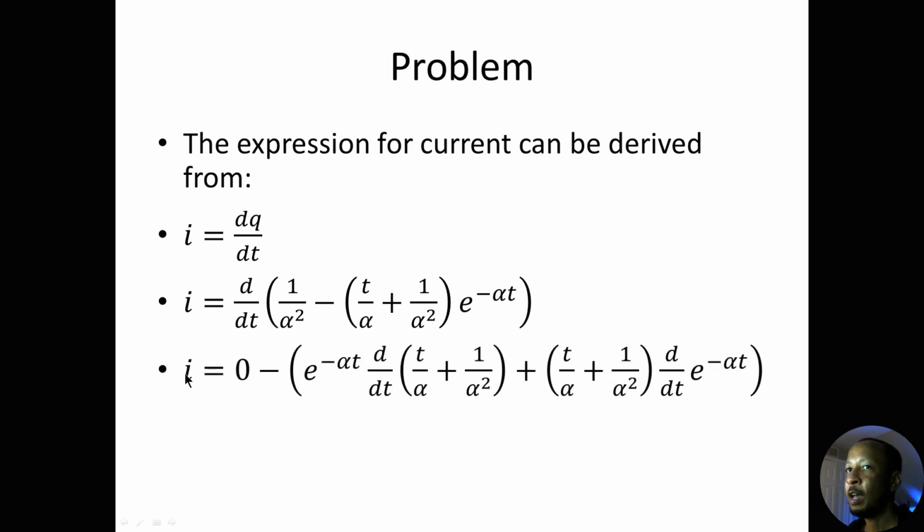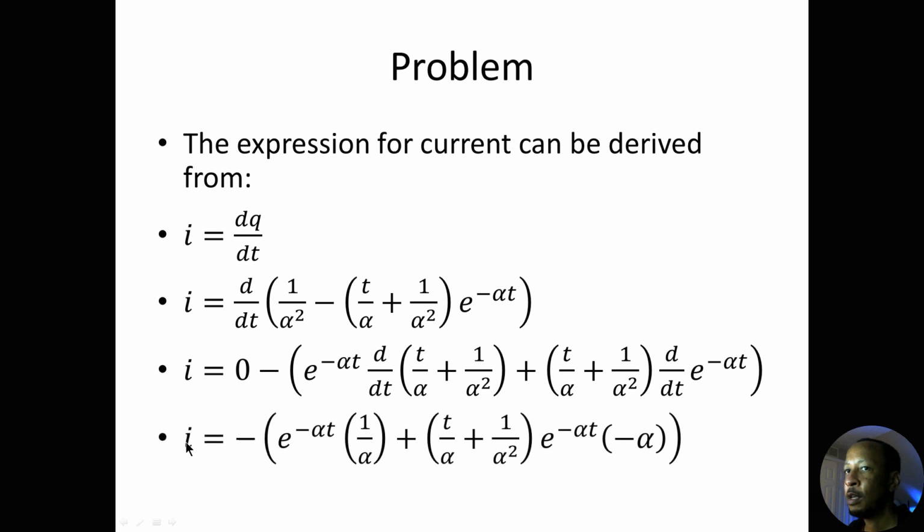And so now you have I equals 0 minus e^(−αt) times d/dt of (t/α + 1/α²), plus (t/α + 1/α²) times d/dt of e^(−αt).